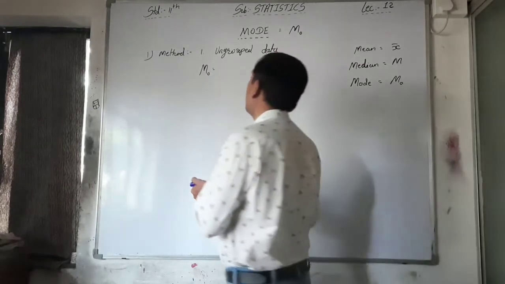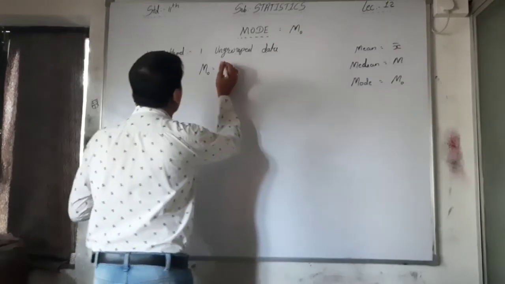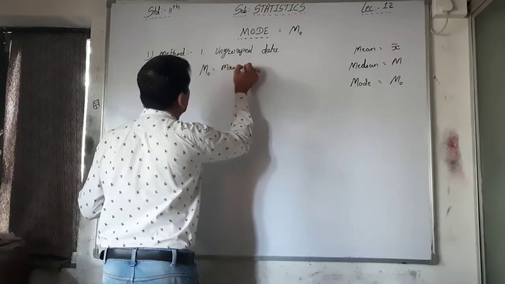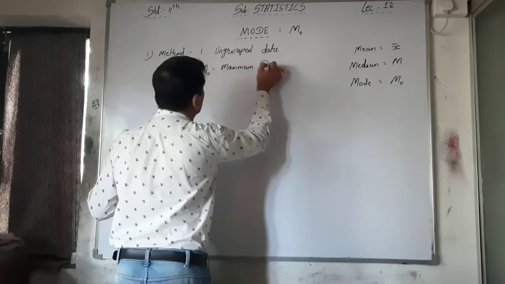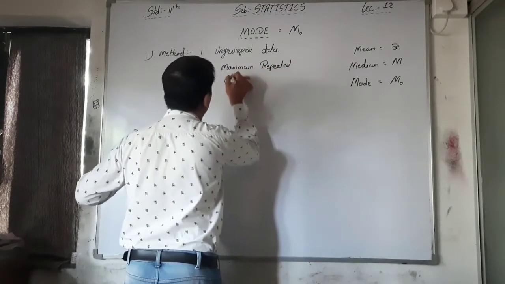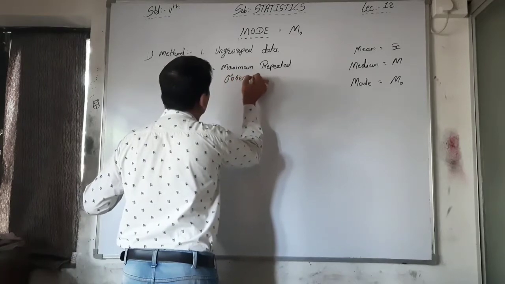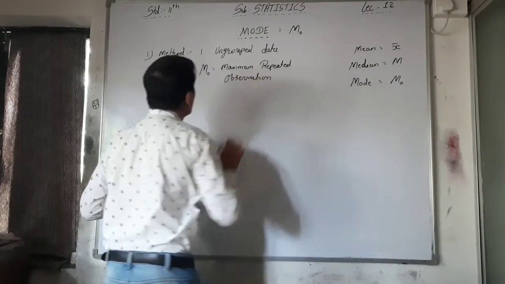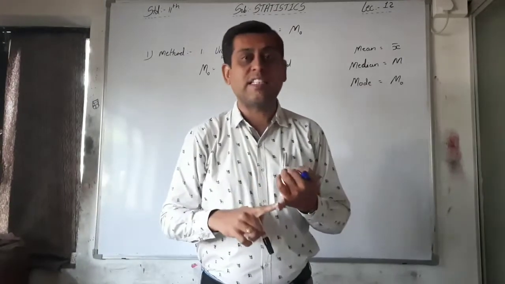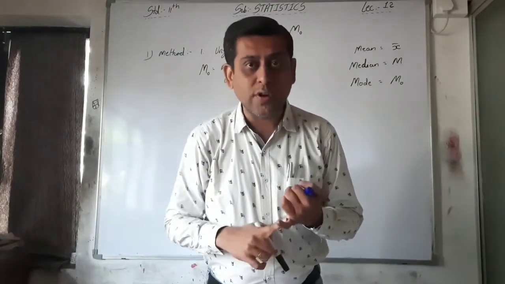So for ungrouped data, MO is equal to the maximum repeated observation.